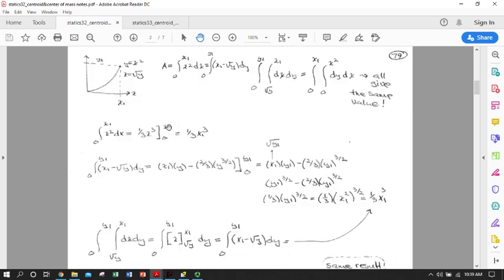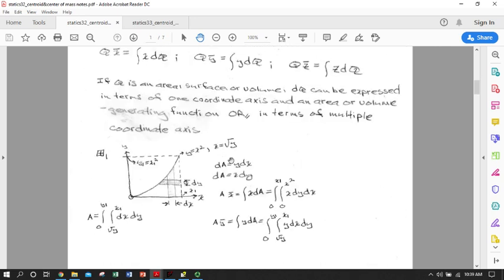So for those of you who are studying integral calculus, you know that you can integrate with respect to x or with respect to y and basically add up slices of a function between limits.